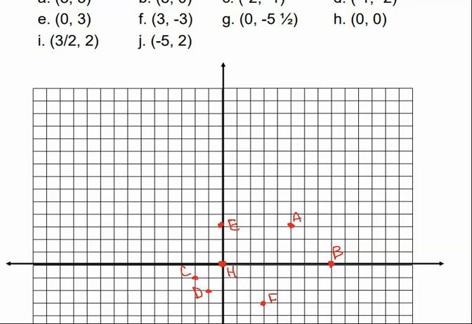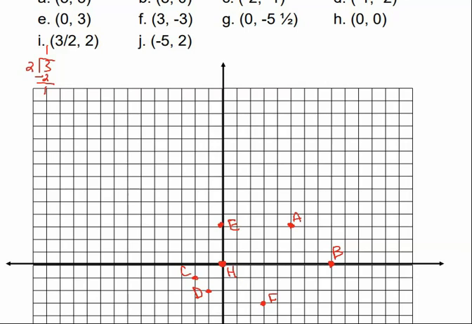Anytime we have an improper fraction, if we're trying to graph that point, it's best to change it into a mixed number. So if you'll remember, the way that we change a fraction into a mixed number is we take the numerator, divide it by the denominator. So 2 will go into 3 one whole time with 1 left over, and we put that 1 over what we were dividing by.